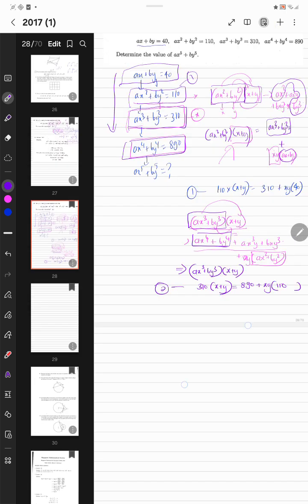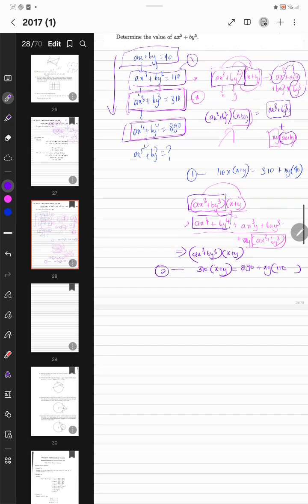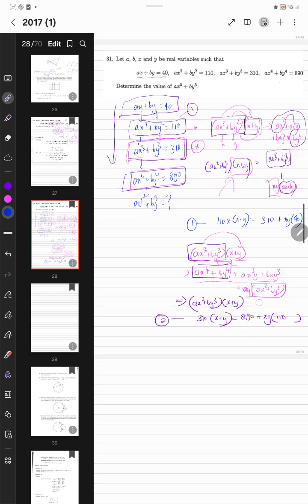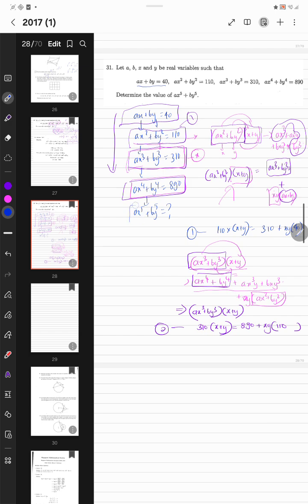Now we can extend it, extrapolate on it, and see how the pattern will give us a relation that could be helpful to derive the value of ax to the power of 5 plus by to the power of 5.